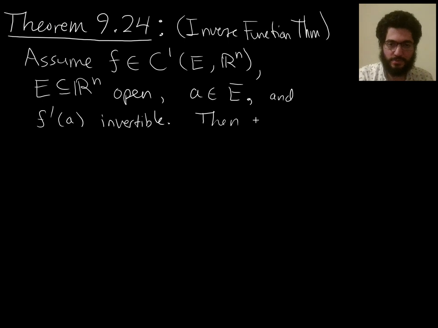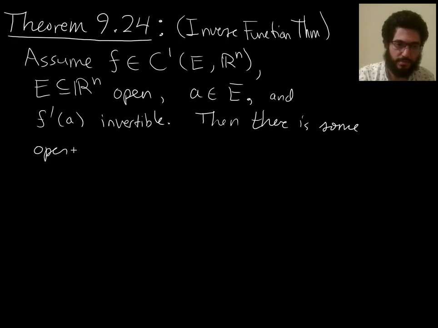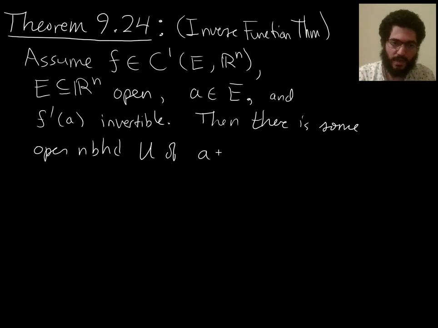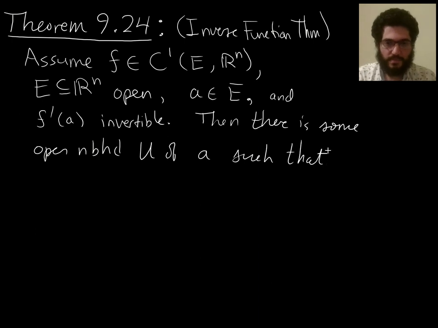So here's the conclusion. Then there is some open neighborhood, U, of A. All I mean by neighborhood of A, by the way, is just an open set that contains A. So there's some open neighborhood U of A such that a few things happen.